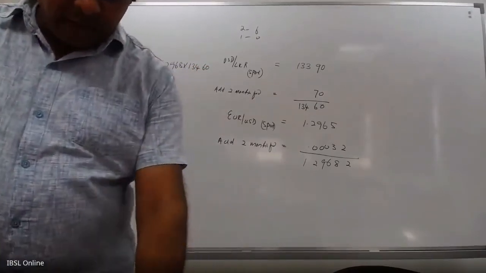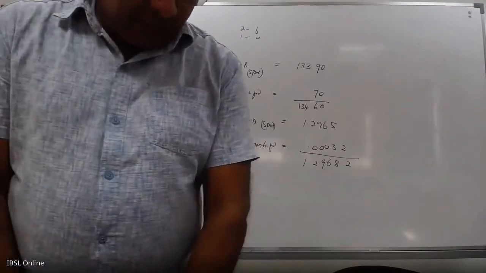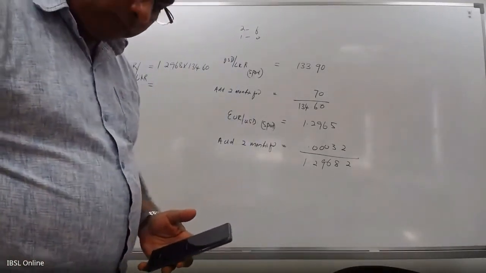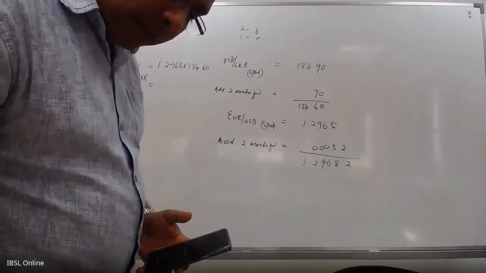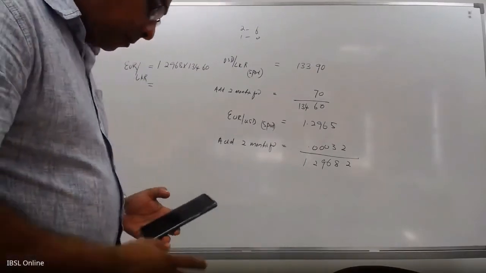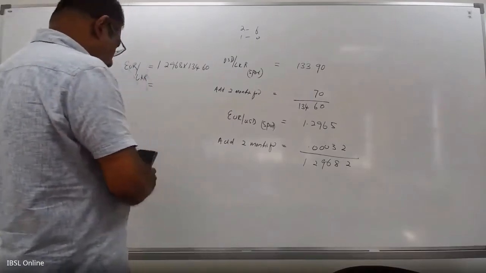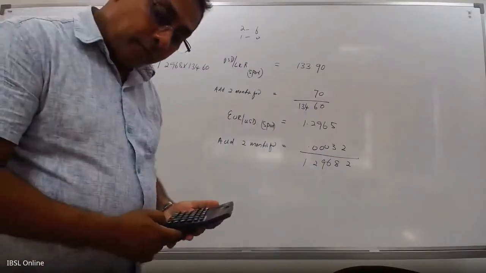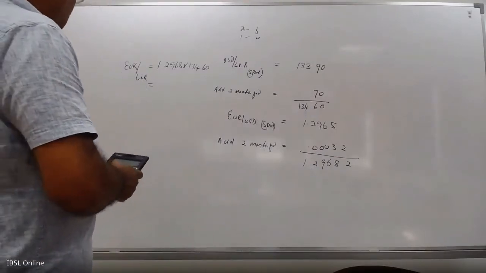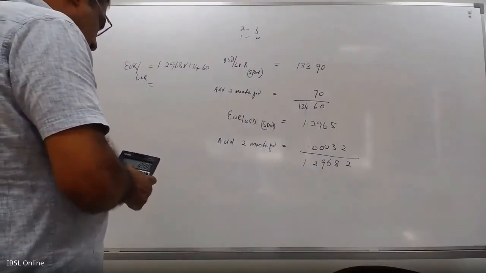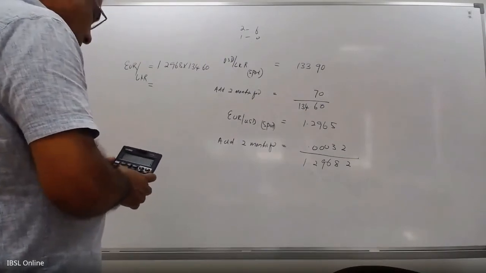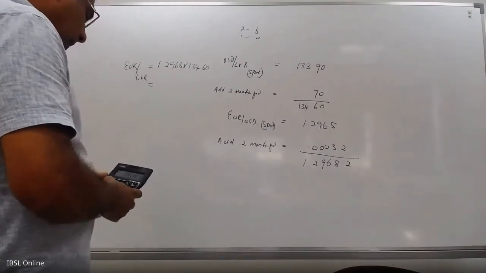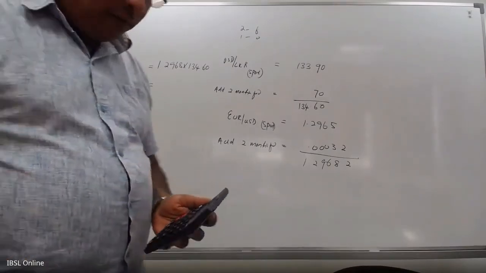So we'll take the multiplication in there. 1.2968 into 134.60 gives 174.5492.